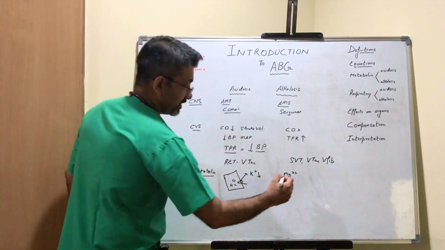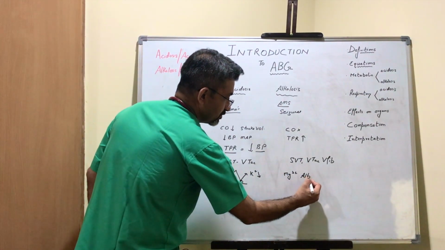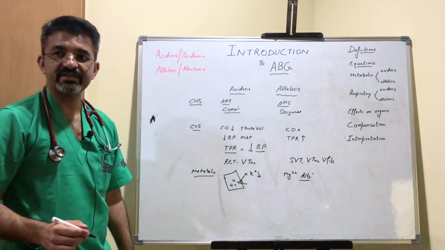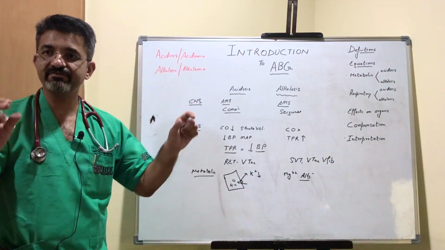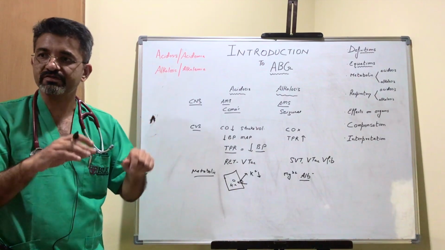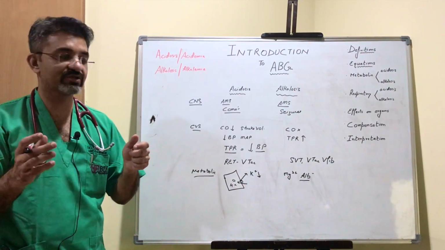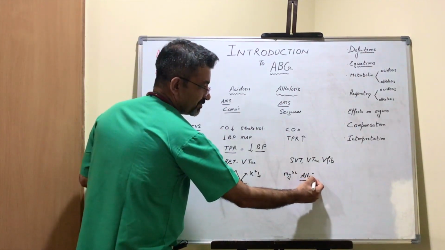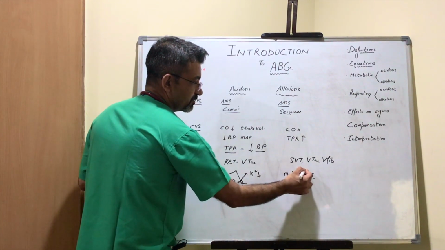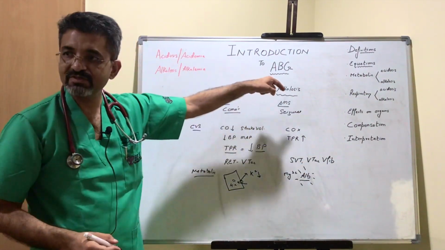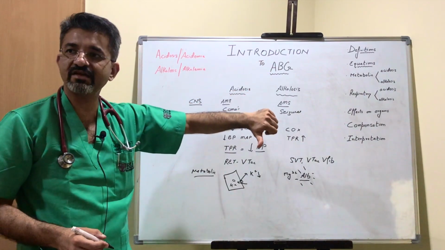Lastly, albumin. Albumin is a negatively charged substance. It has multiple negative charges, so it binds to protons, to hydrogen ions. The moment you have alkalosis, by definition it means lesser hydrogen ions.